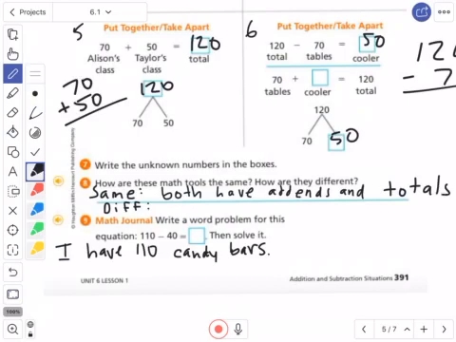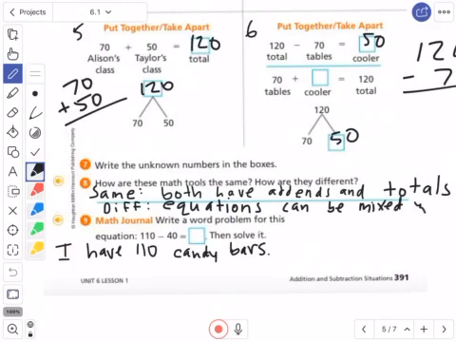How are they different? Well, math mountains always really are set up the same way, but the equations can be mixed up. So I'm going to say equations can be mixed up.